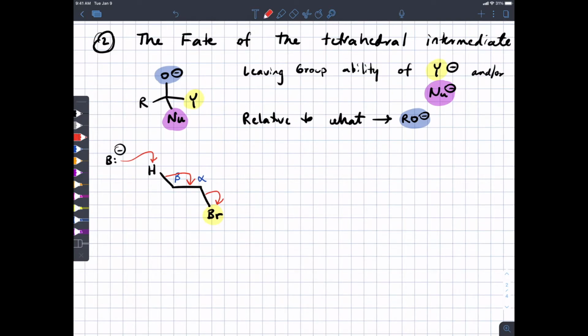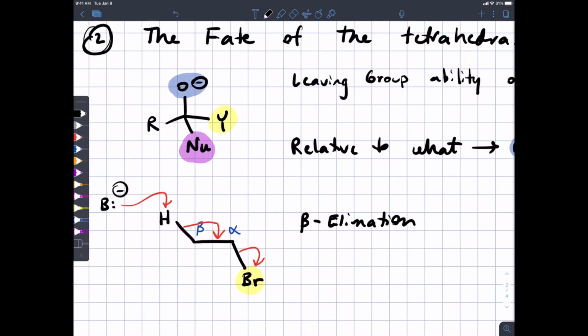But the idea here is that if you have electrons adjacent or beta to a leaving group, you can do an elimination reaction. You probably didn't call it this in 351, but it's sometimes called beta elimination. Now, if you look at that tetrahedral intermediate, we have a similar situation.